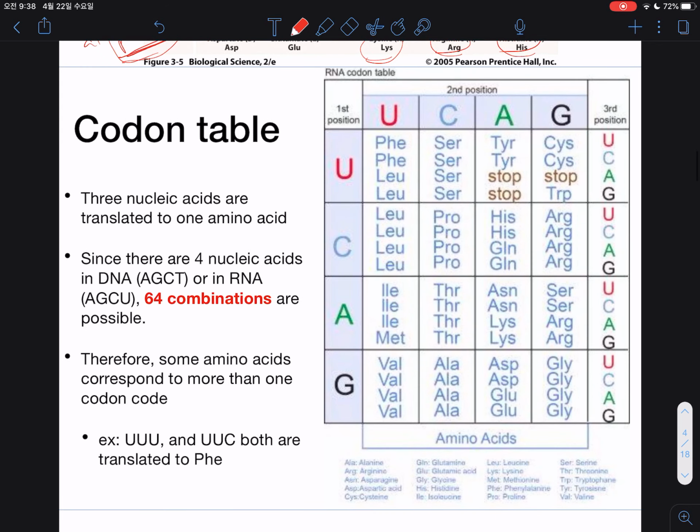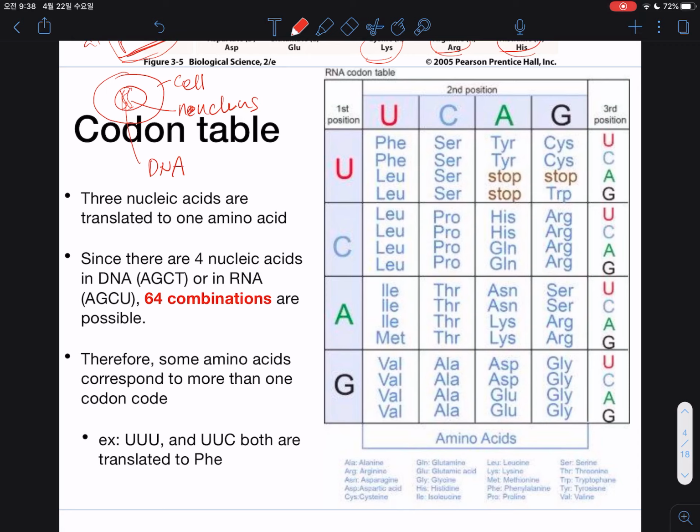Then how are these amino acids determined? Actually, in the nucleus of a cell, so let's say that this is a cell and this is a nucleus, and inside a nucleus, there is a DNA. There is a DNA double helix, right?